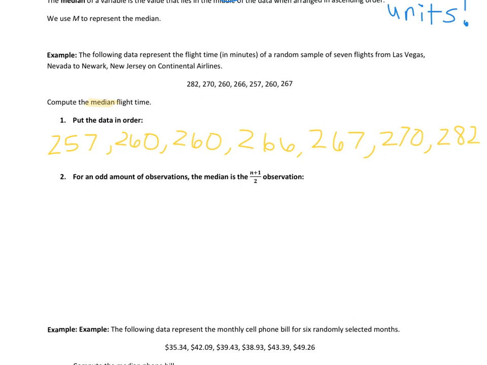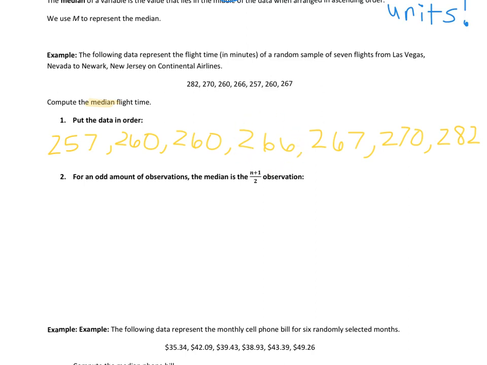Okay, so finding the physical middle, well, we can work our way from the outside in. We could put our fingers on the 2 extreme values, the smallest and the largest, and then move our fingers in 1, twice, till we get to the 1 value in the middle.